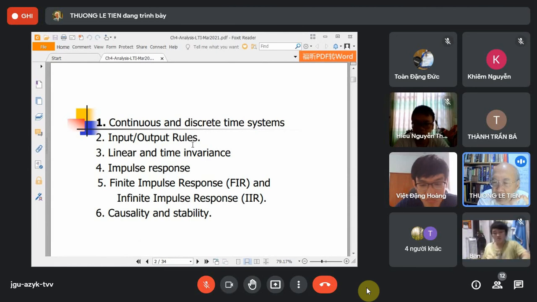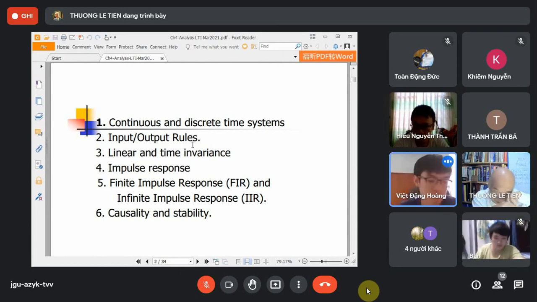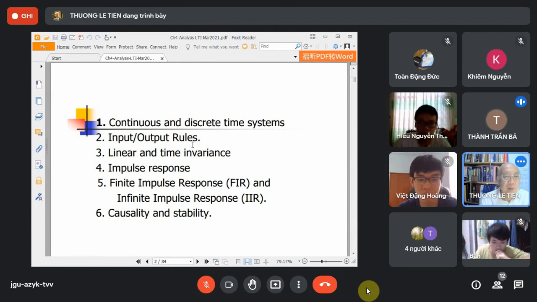Time variance is TV. So from now, when I say TI or TV, you will recognize what I mean.